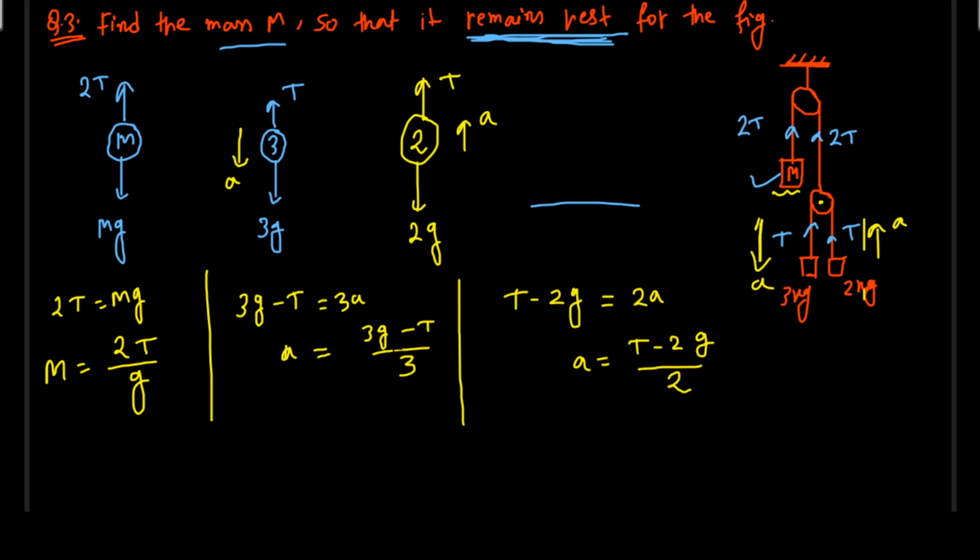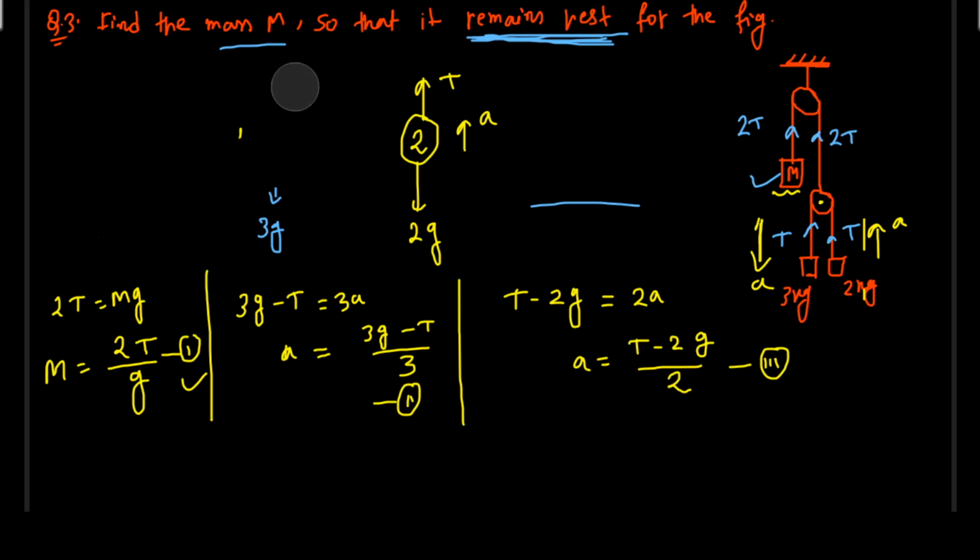Now if we equate these two equations, let me take this as equation 1, this as 2, and this as 3. From these two equations we can find the tensional force, and then we can substitute T in this equation. So let me first find that out.